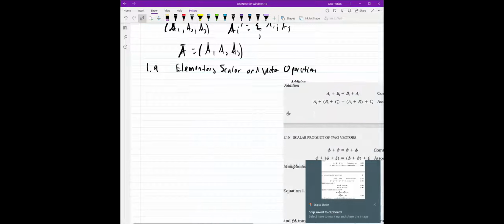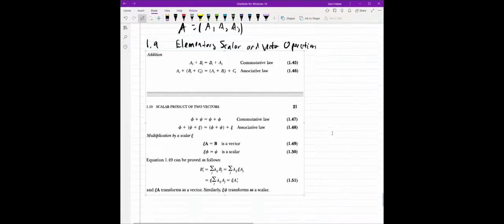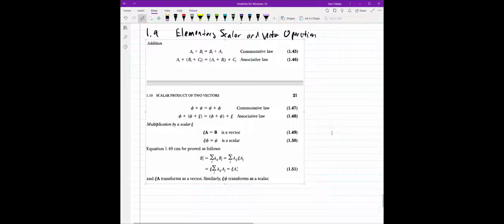Right here. Okay, so addition tells us A_i plus B_i equals B_i plus A_i. In other words, the order in which you add stuff does not matter. Remember, A and B are vectors, and then phi, psi, and, I don't remember what that is.